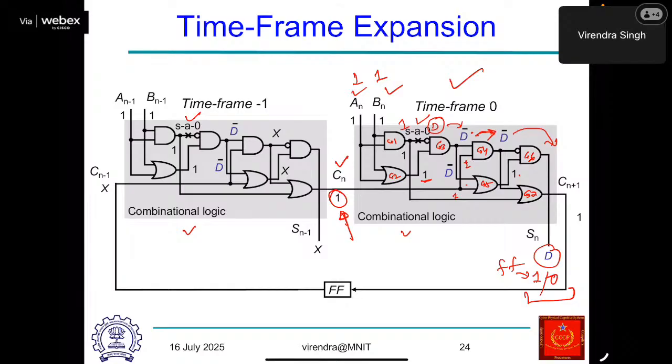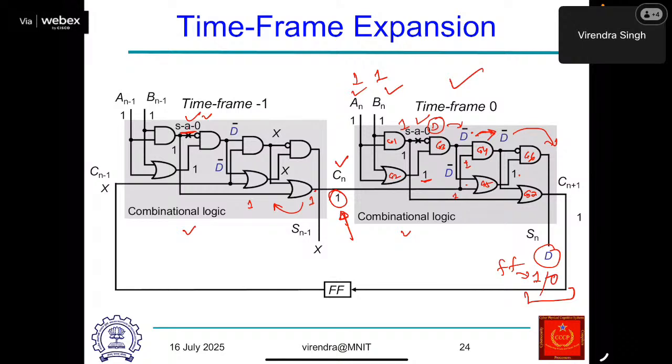Keep in mind that this particular node has the same fault as it was earlier, so that means it is stuck at 0. Now you are at the output of this gate. This 1 at the output you can achieve by going back and by having 1 at one of the inputs of this OR gate.